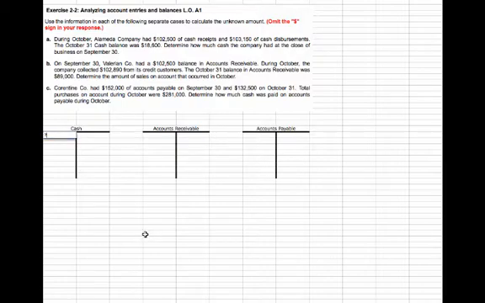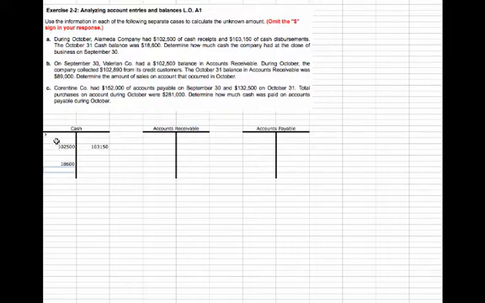Now it says that our cash receipts, which are our increases, were $102,500, and our cash decreases were $103,150. And we know that our ending balance is $18,600.